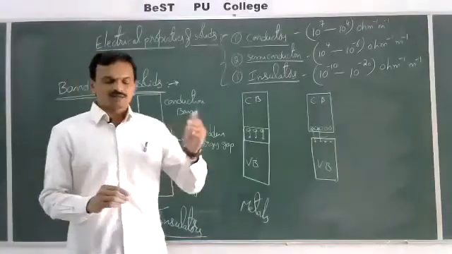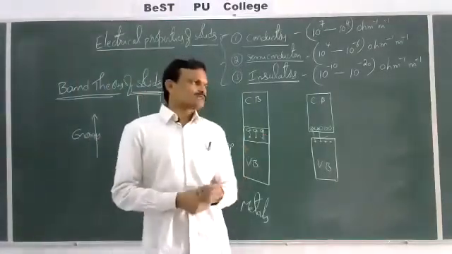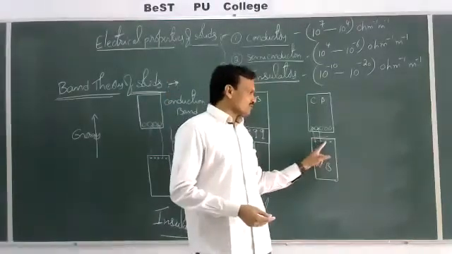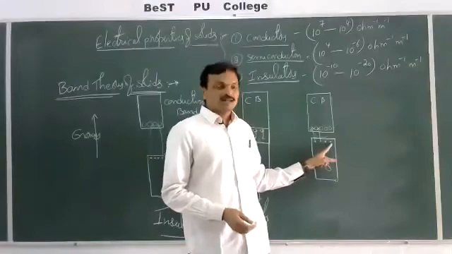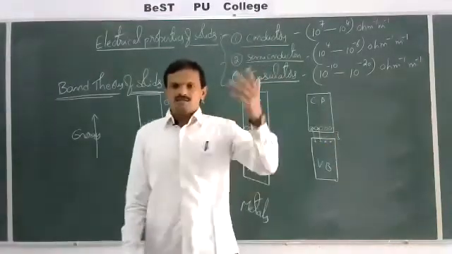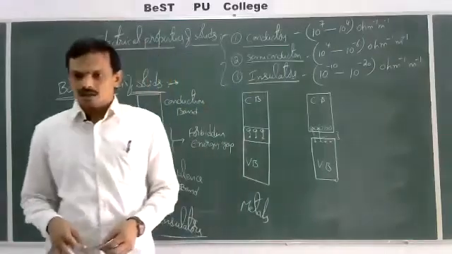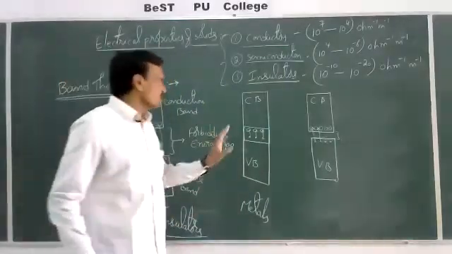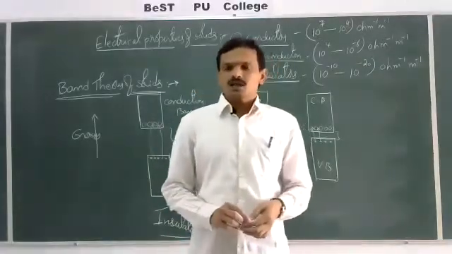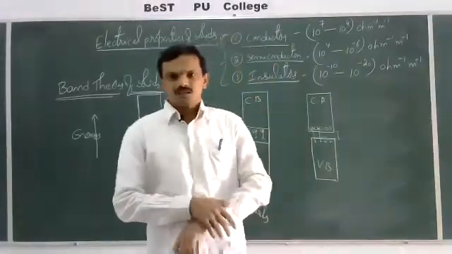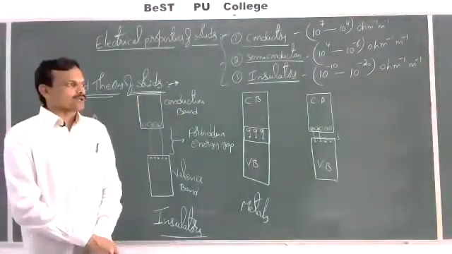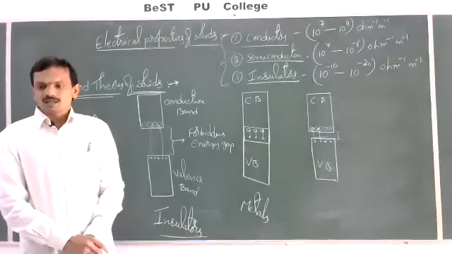As a result, conductivity decreases. In case of semiconductors, with increasing temperature, the kinetic energy of electrons increases and they can overcome the forbidden energy gap easily. As a result, the conductivity increases.